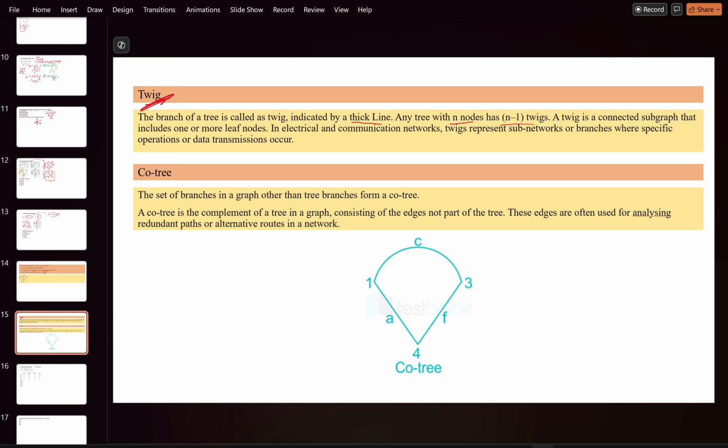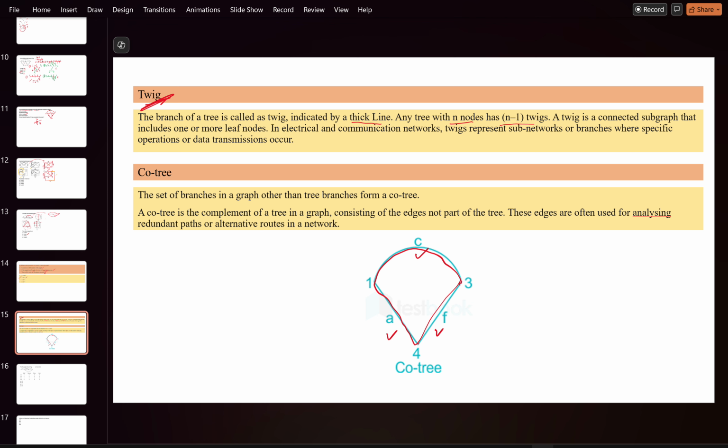Okay, so suppose this is the tree with branches C, A, F. This is the connecting point between two nodes, which will be called a twig basically.